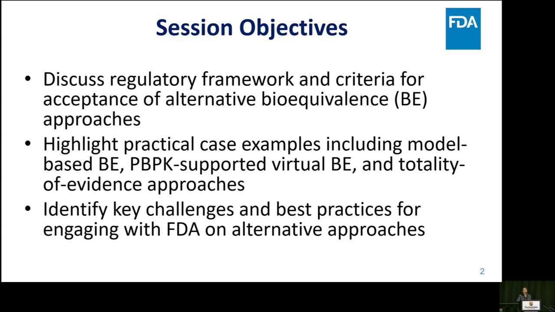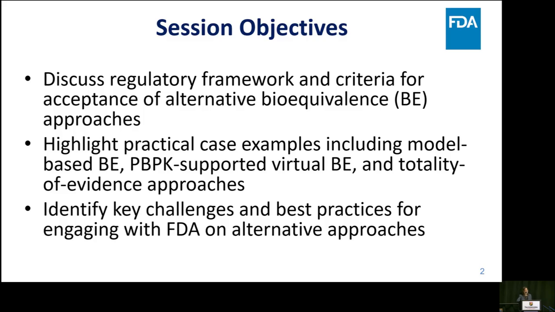So we have 3 core objectives for this session. First, we want to discuss the regulatory framework that governs the acceptance of those alternative BE approaches, what the rules are, and where the flexibility lies.